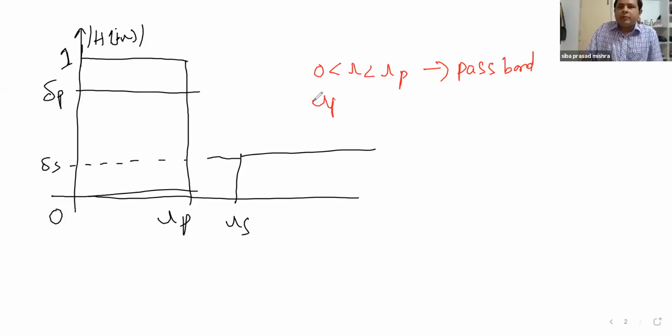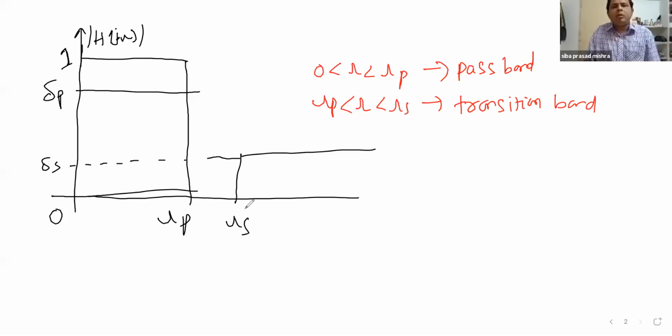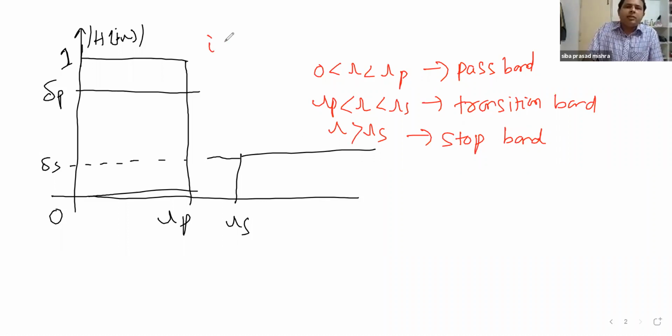Then omega p less than omega less than omega s is your transition band. Why is it called the transition band? Because it is transiting from the passband to the stop band. It's a transition period. And when omega is greater than omega s, this is your stop band. So this is your ideal low pass filter.